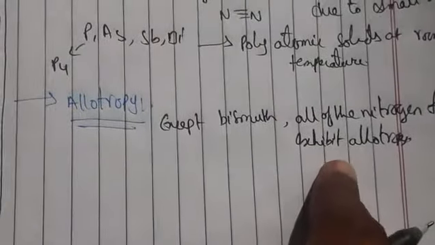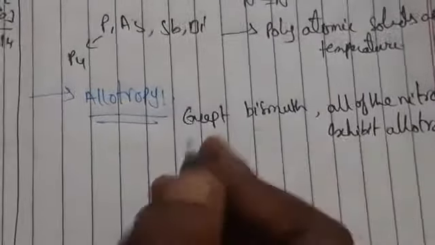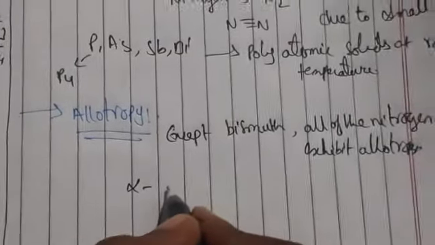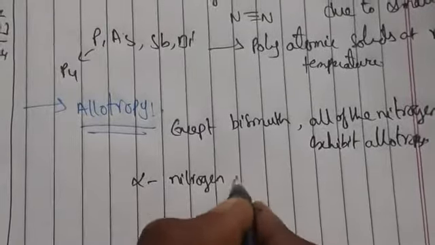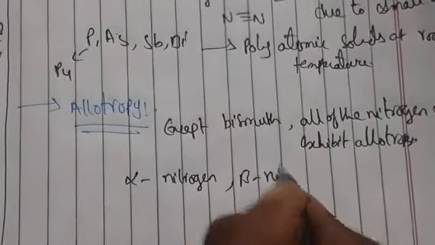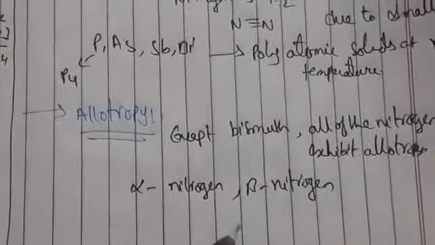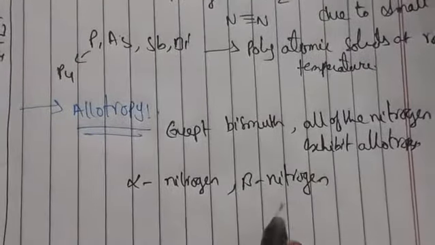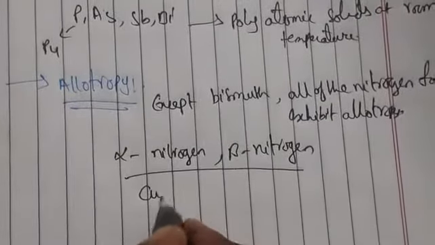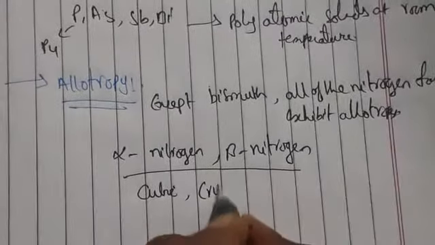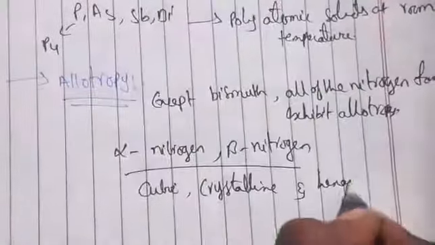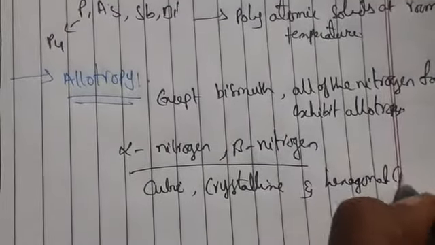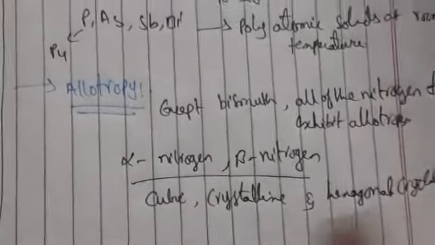Alpha nitrogen and beta nitrogen have cubic crystalline and hexagonal crystalline structures.